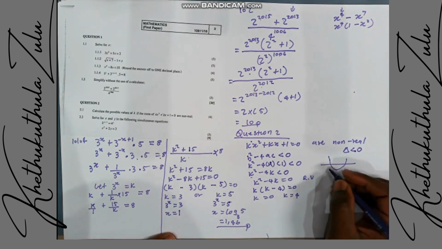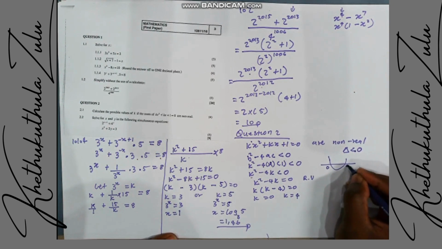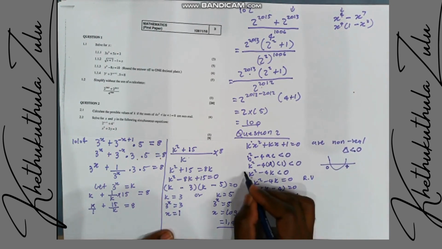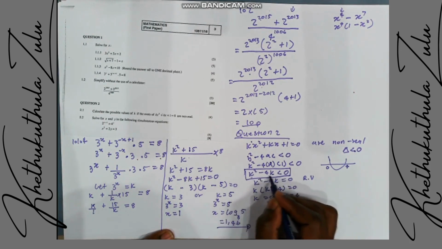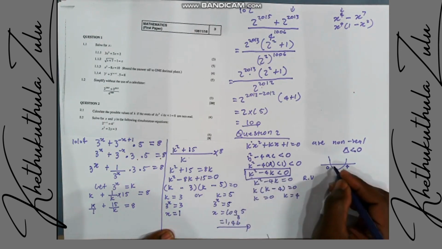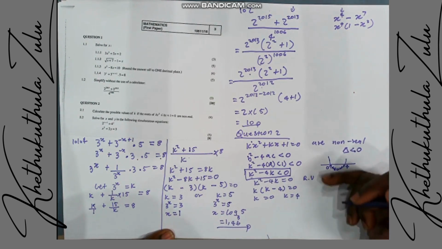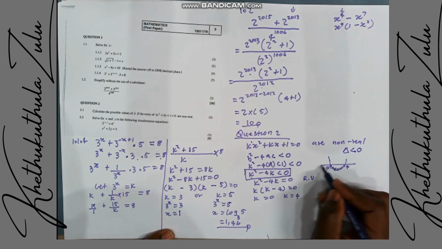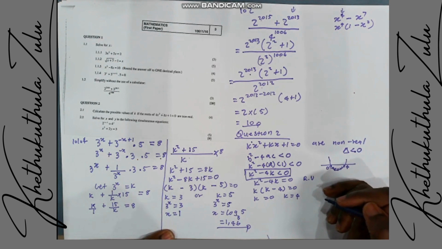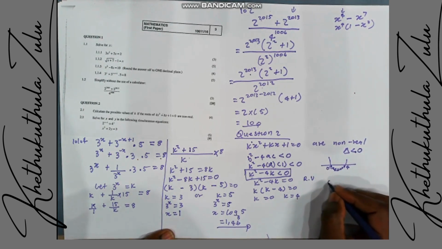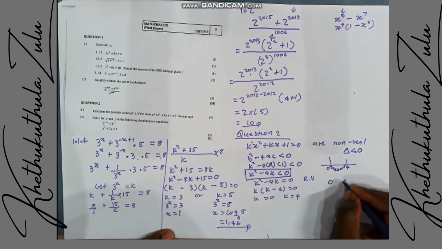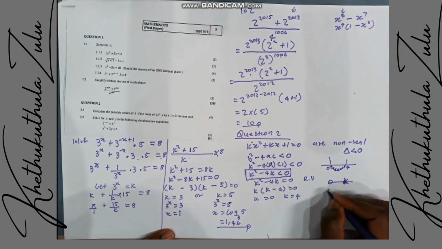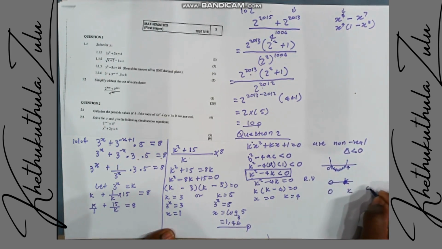When I put these values of k, we have 0 and 4. But now, very important, they are saying our function is less than 0. Our function is less than 0 where? Here, underneath the graph. This is the x-axis where the 0 is at, but now they are saying it's less than 0. So we have 0, k, and 4.